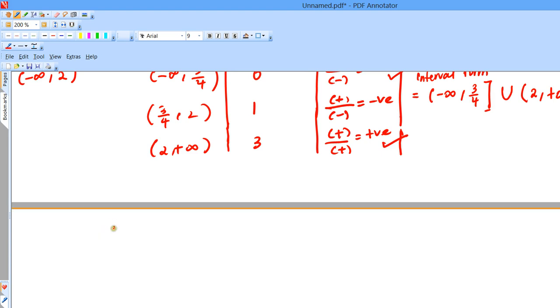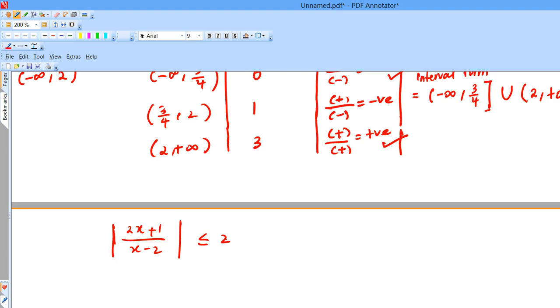We have |2x + 1|/(x − 2) ≤ 2. So how do we find this solution?